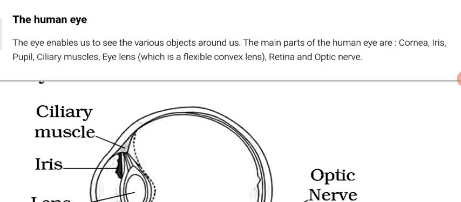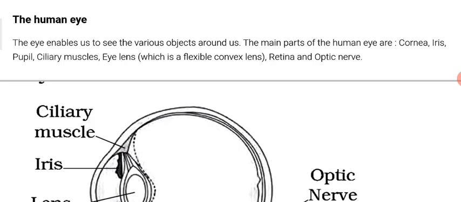Obviously, light is also responsible for this vision, and by the combination of light and eye, we are able to see this real world. But today we are going to discuss first about the eye and how the light helps the eye to see the object. So let us start.